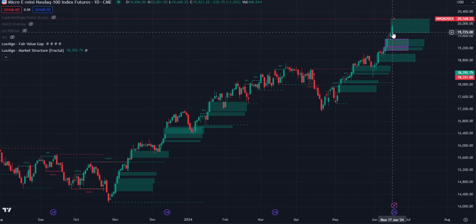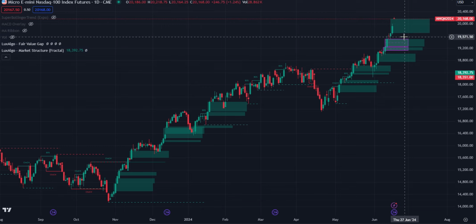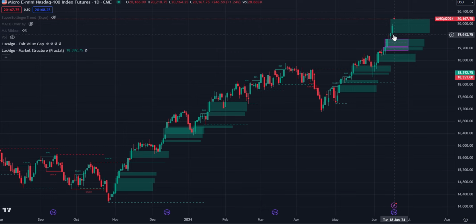And the Monday bar opened and slightly backed off a little bit, but eventually it started moving up again.